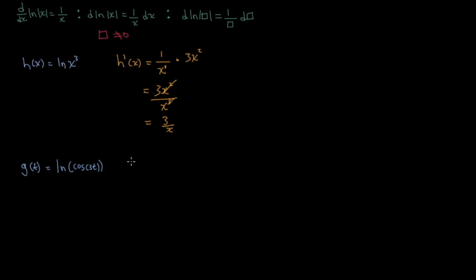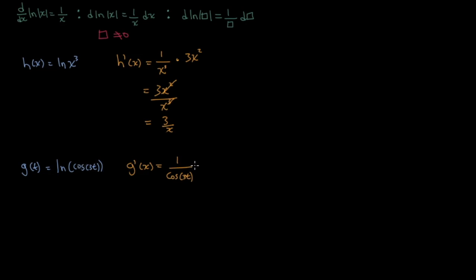So the derivative, we'll call it g prime of t, is equal to 1 over this term here, which in this case is cos 3t. 1 over cos 3t times the derivative of this term here, which is cos 3t.